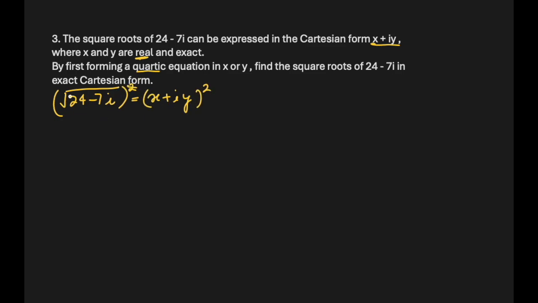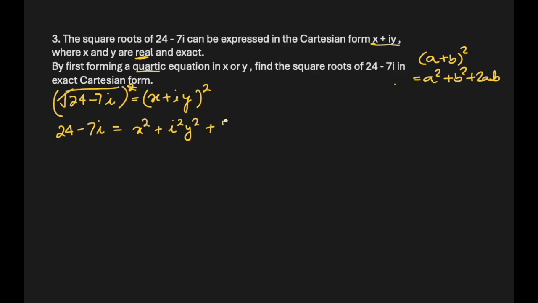So the square and square root cancel, so we are left with 24 minus 7i is equal to, if I expand this, x square. I will use the same identity we use many a times: a plus b whole square is a square plus b square plus 2ab, right? So a square plus b square, which will be i square y square, plus 2ab.